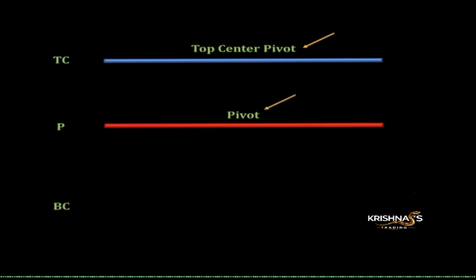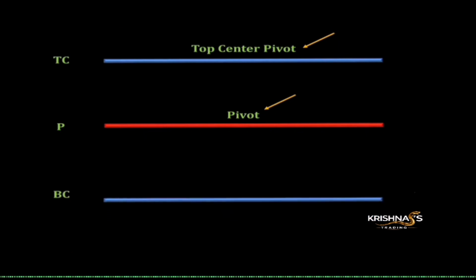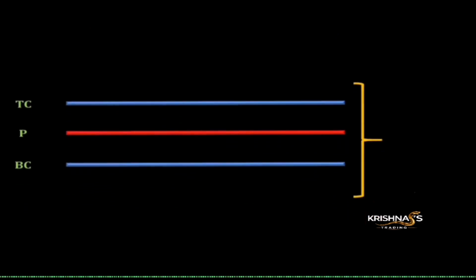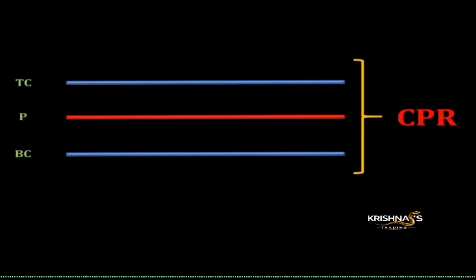And the third one is BC, nothing but the bottom central pivot line. The total of TCP, BC and the central pivot, this whole combination we call the CPR, central pivot range.